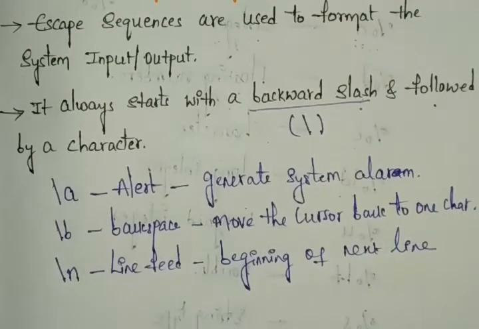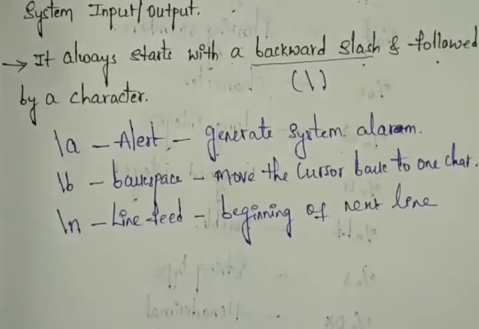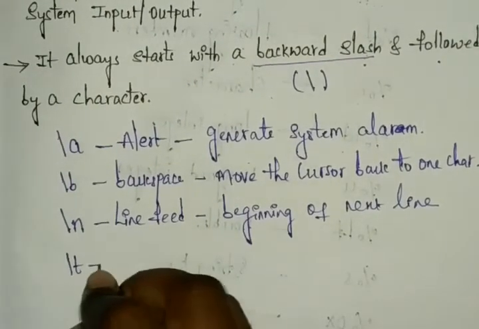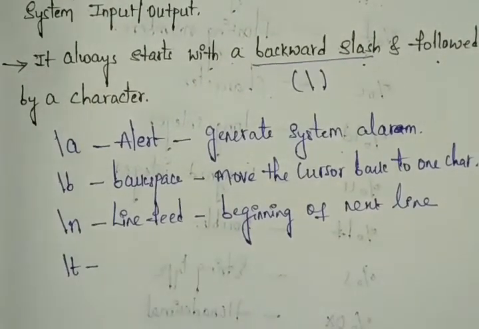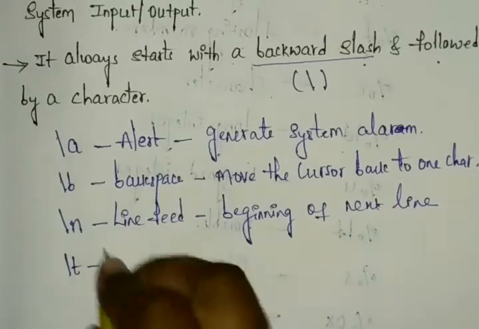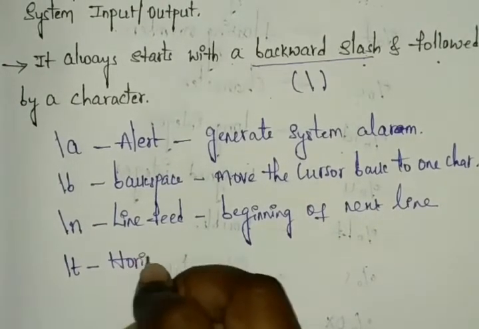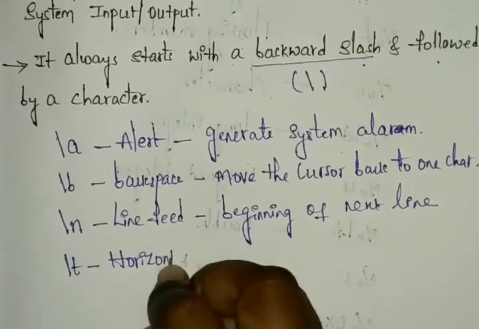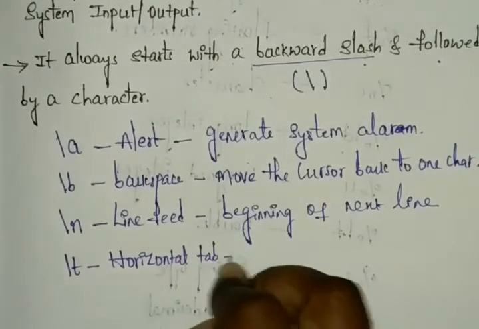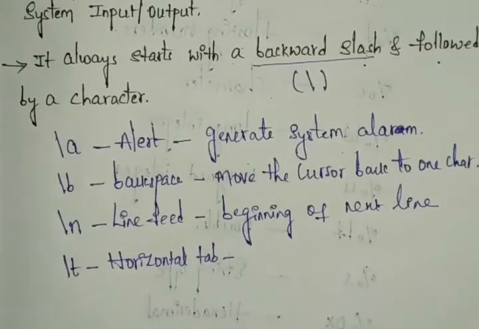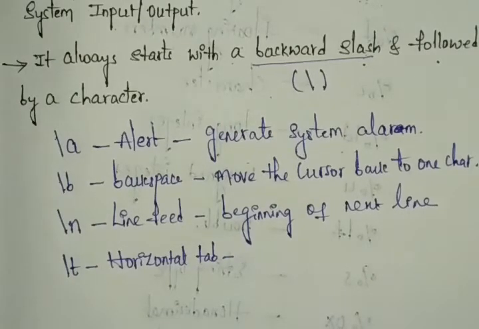And next we have backslash t. This works like a horizontal tab. Normally you know how the tab works. It moves our cursor one tab space towards the right.